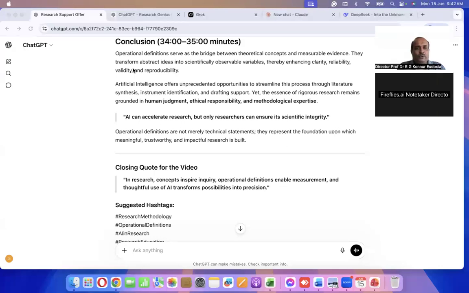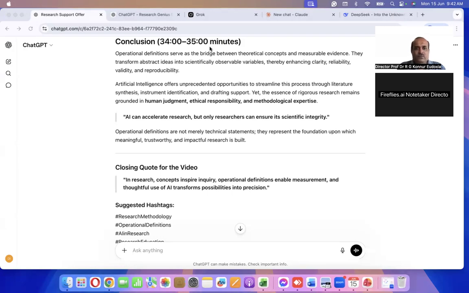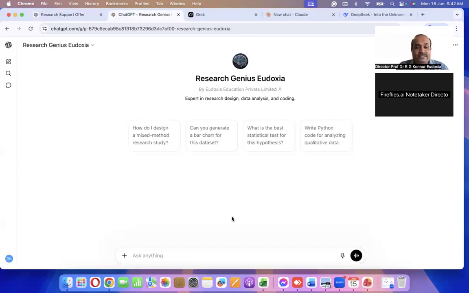For this, I want to show you some of the AI tools which you can use. Here you can go for ChatGPT. Research Genius is also very useful.